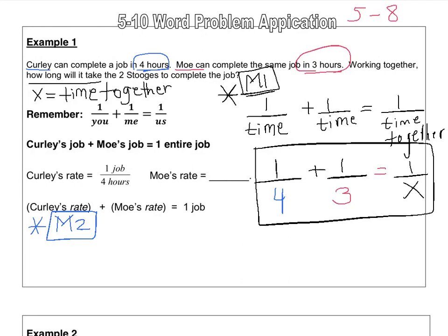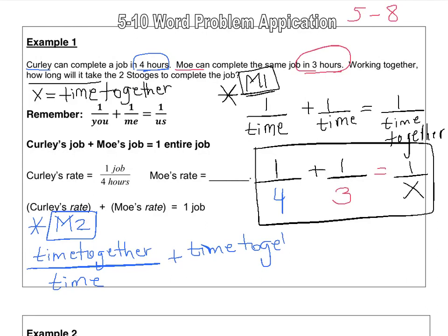Basically, the rule says the time that they take together over the time that one person can take to do the job, plus the time that they take together over the time that the second person takes to finish the job, should equal 1, because this person and this person are doing one job.